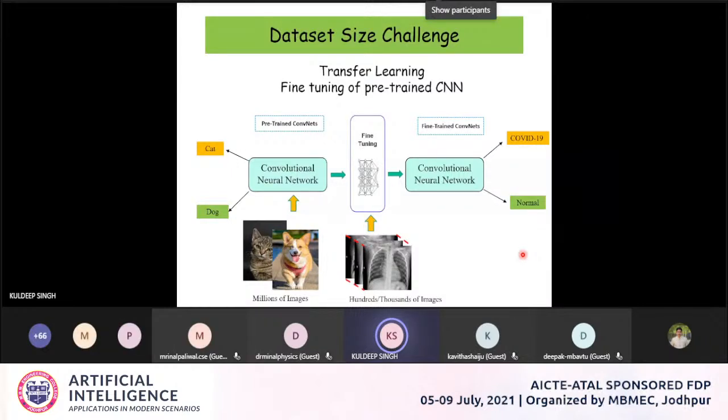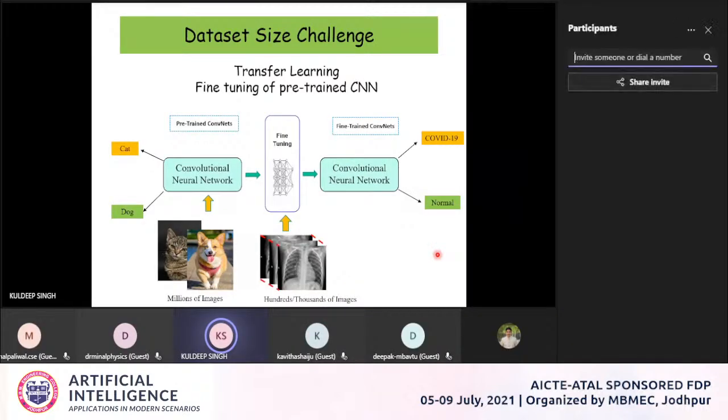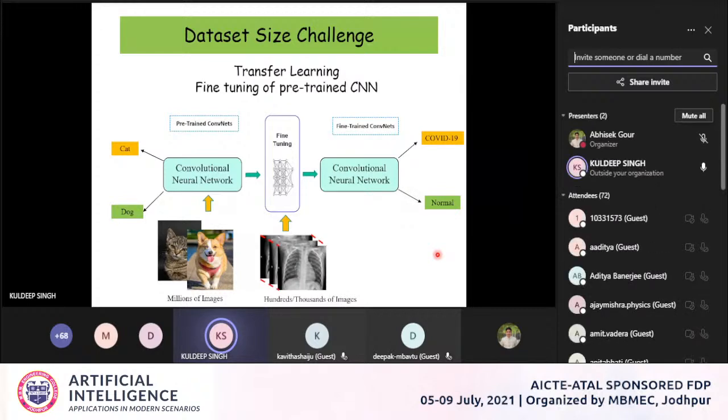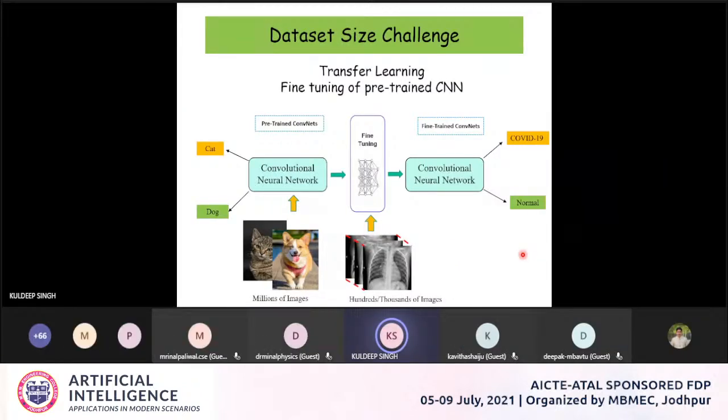So the basic challenge, specifically in the field of the medical domain, is the size of the data set. Specifically, the minority class, I mean, the examples for the diseased class are very few. Let's take the example, suppose we are detecting COVID-19 from chest X-ray images.